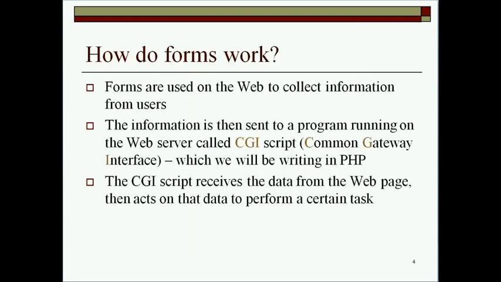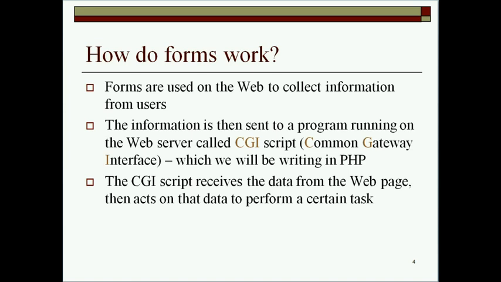So forms are used on the web to collect information from users. The information is then sent to a program that is running on a web server and generally referred to as the CGI script.